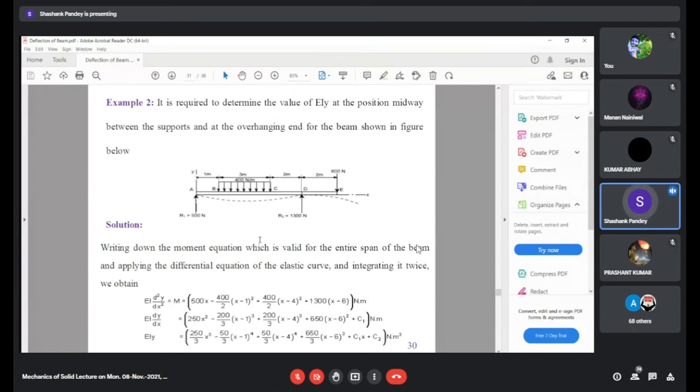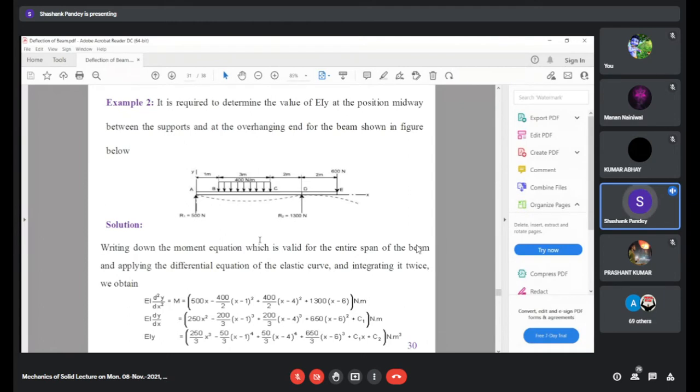Now the next task is to use another boundary condition. You can definitely use a condition with your convenience. You may use dy by dx also, but you do not know the value of x. So for the other boundary condition, we can use this to find C1. That is, at point D the deflection is 0.